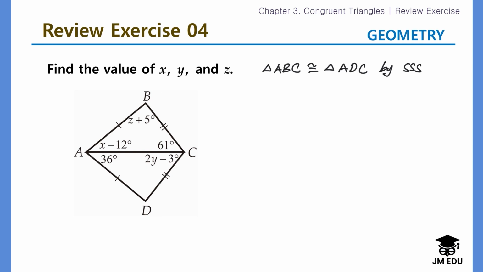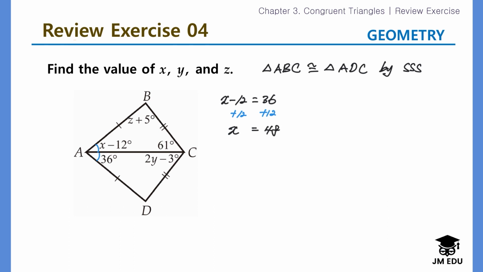So if two triangles are congruent by CPCTC, each corresponding angles are also congruent, right? So here, this angle is equal to this angle, right? So x minus 12 is equal to 36. Then x is going to be, add 12, then our x is 48, right?